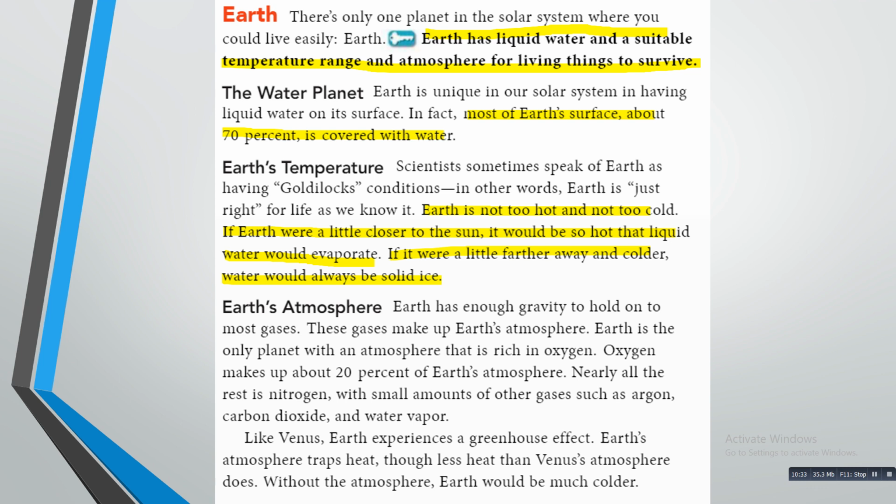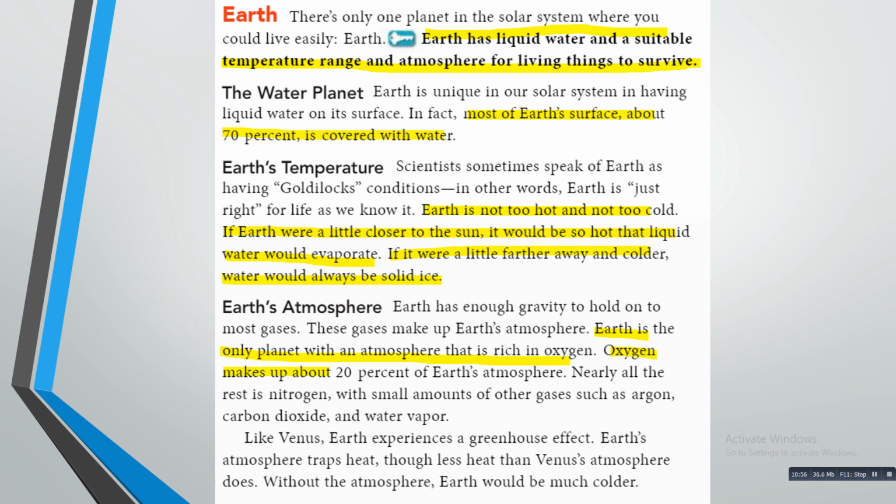Then if we look at the atmosphere of the Earth, we have already taken a look at the different layers in detail in the previous lessons. So here we will not go into the details, but we're just going to have a look at the composition of the Earth's atmosphere. Earth is the only planet with an atmosphere that is rich in oxygen.